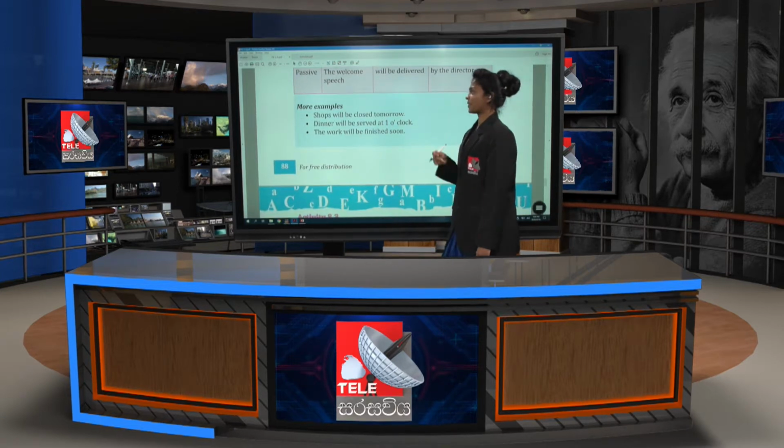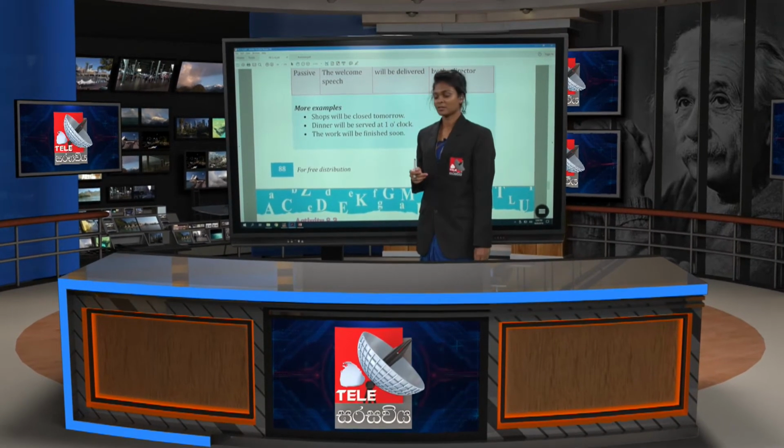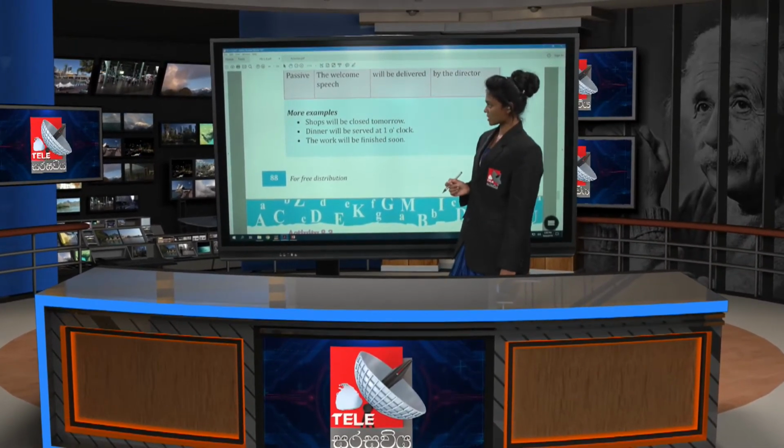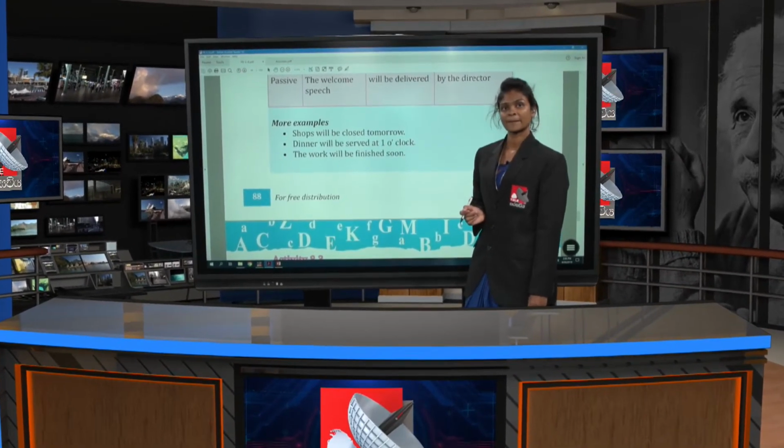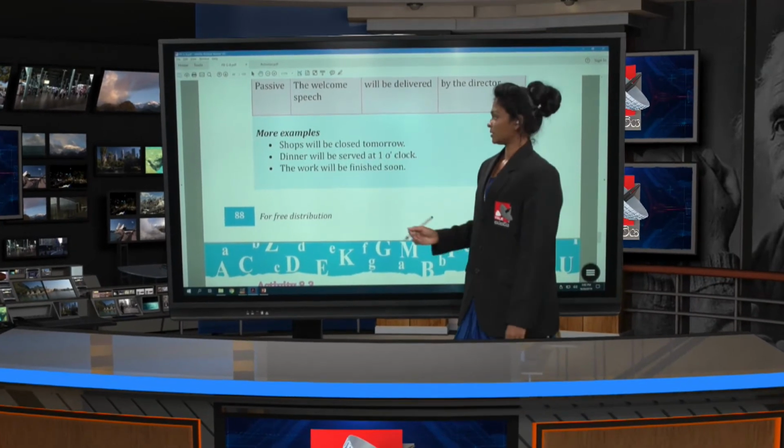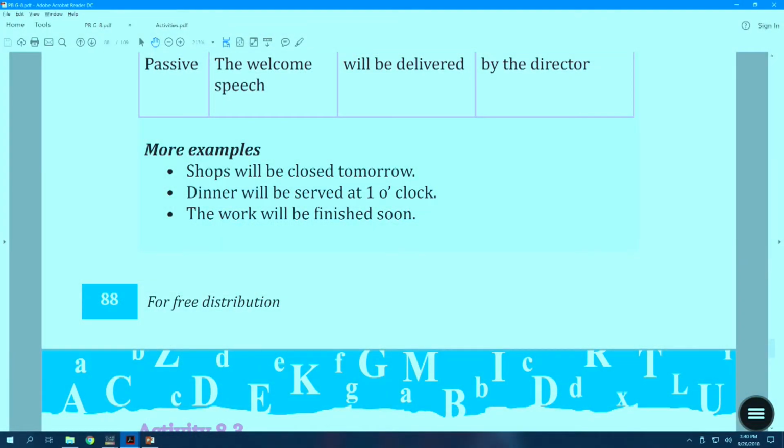Then, at the bottom of the page, they have mentioned some examples. Can you see? We will go through one by one. Shops will be closed tomorrow. It is in passive. Can you make it into active?